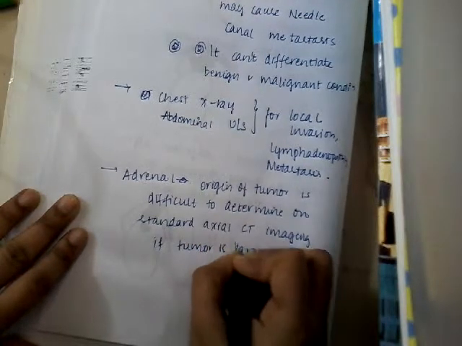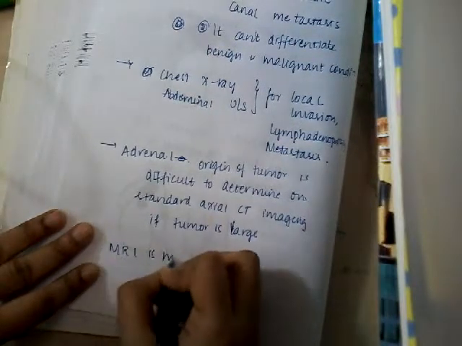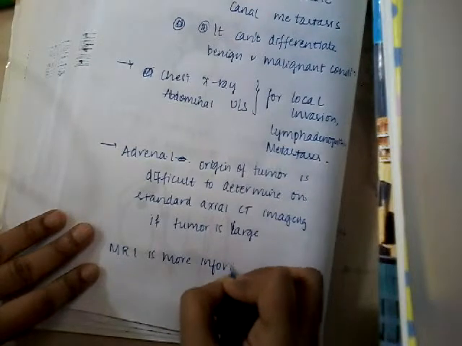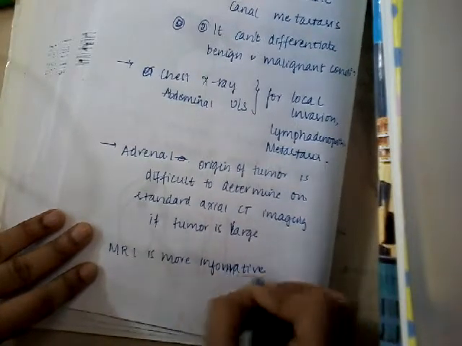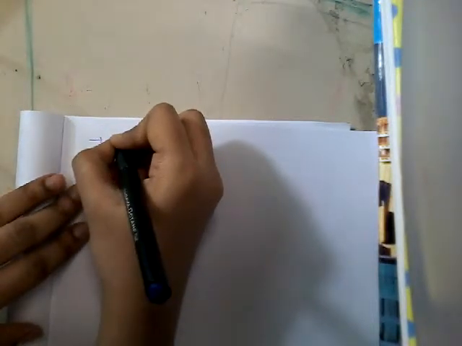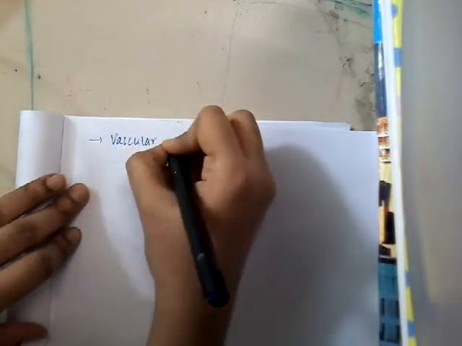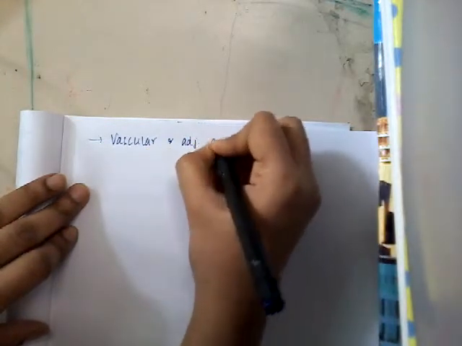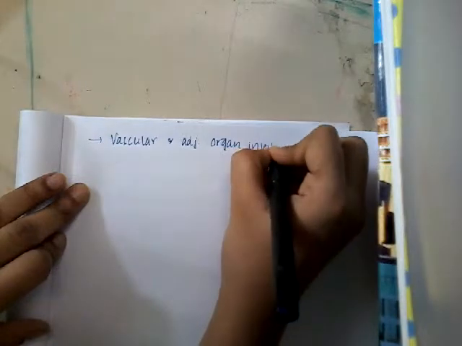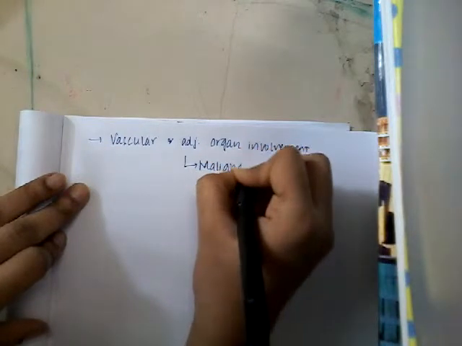Because of that, MRI is more informative. So MRI is done, and in the MRI, whenever there is vascular and adjacent organ involvement, then you can say it is malignancy for sure.